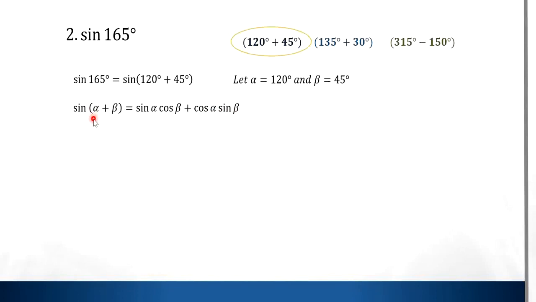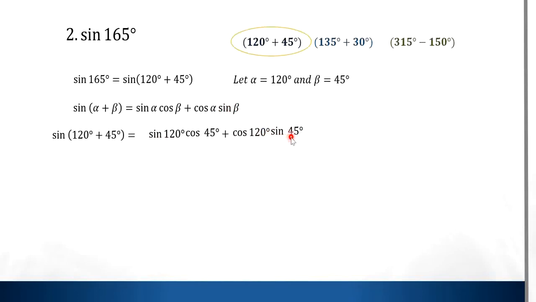So, we substitute the values for alpha and beta in our formula. So, we have now sine of 120 degrees plus 45 degrees. Let's replace all alpha and beta in our formula. So, sine alpha now becomes sine 120 degrees. Our cosine beta becomes cosine 45. Copy the plus sign. And then the cosine alpha now becomes cosine 120 degrees, while our sine beta now becomes sine 45 degrees.